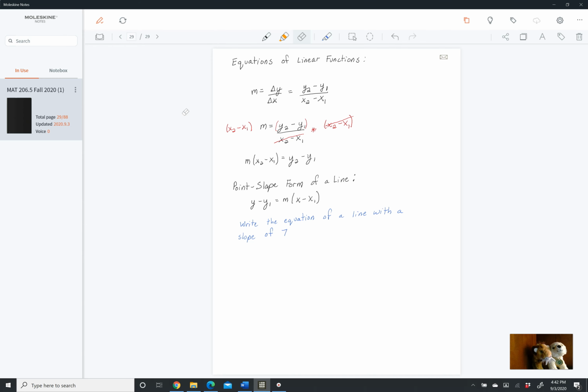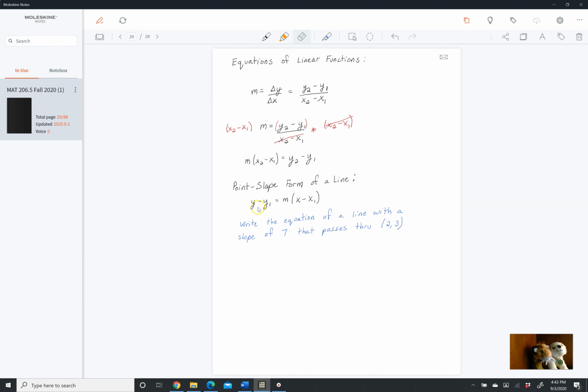Now remember, the denominator of 7 is 1. So we're saying as we go to the right by 1, we go up 7. That passes through the point (2, 3). Okay, so how do we write the equation?